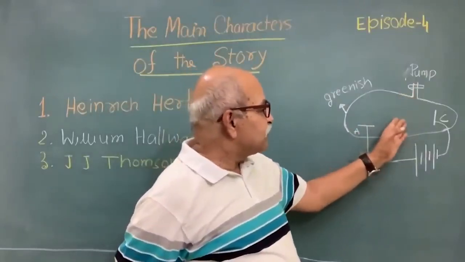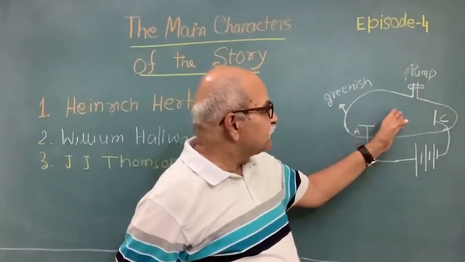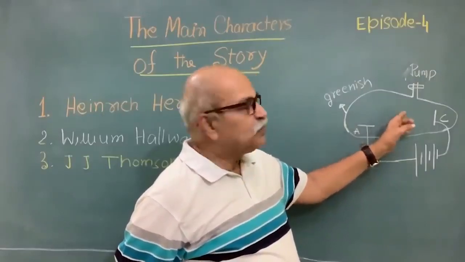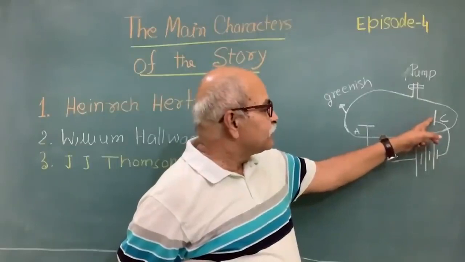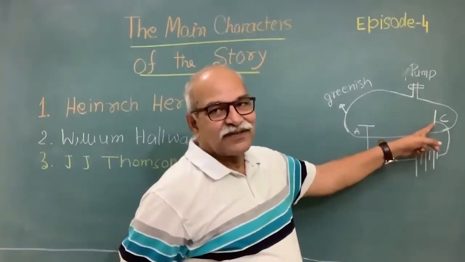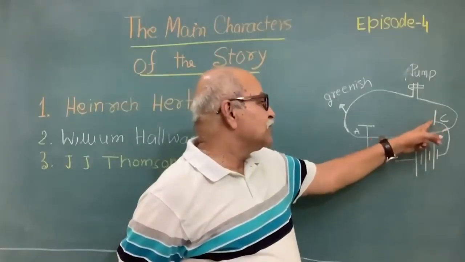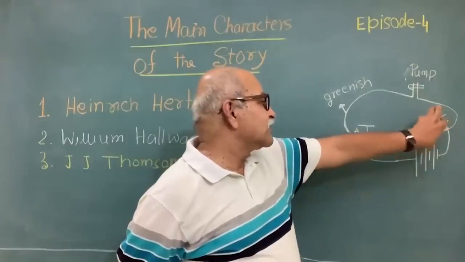So some ionization is there, some electrons and some positive ions are there, and because of this electric field, those positive ions will go this side and hit the cathode with large velocities because of their large mass, and then electrons will be emitted from here. They are the main component.